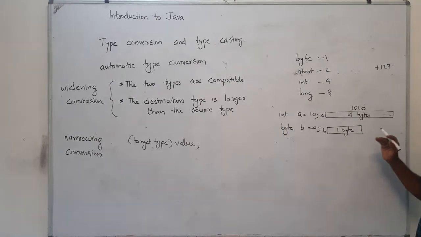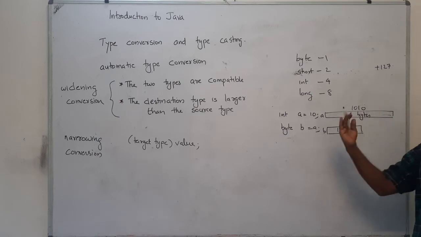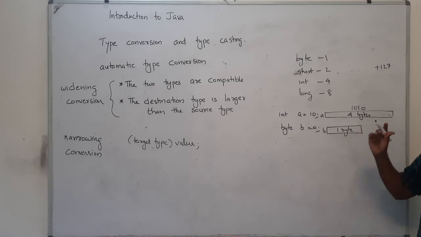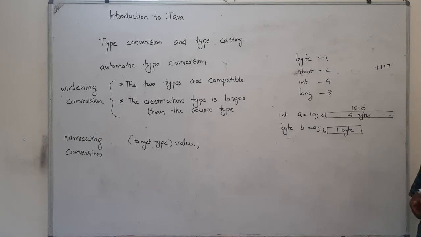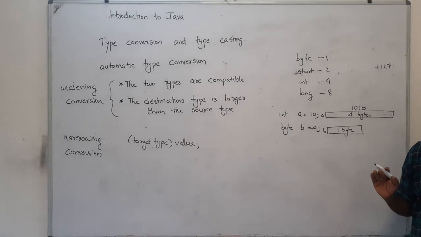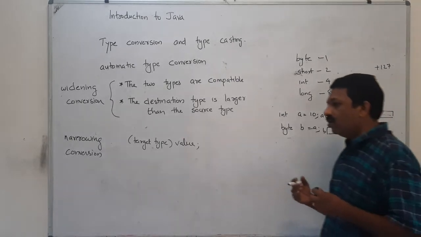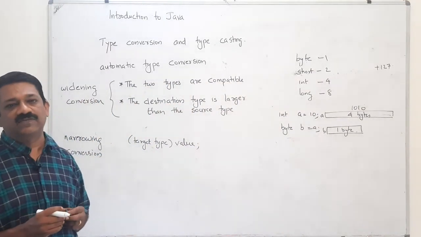It is wider compared to this byte. When a wider one is assigned to a narrower one, some problem will occur. So in that case, the system will not automatically do that. We have to do that. All narrowing conversions have to be done by the programmer himself.